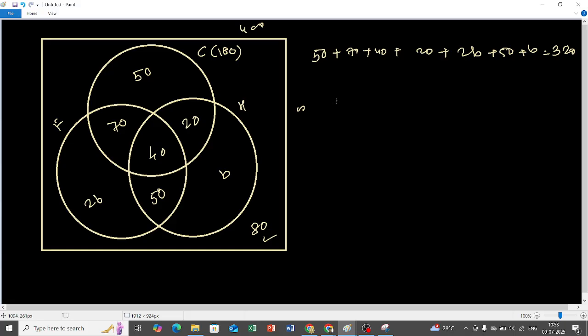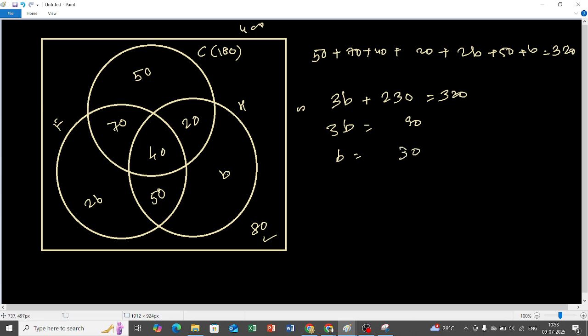Yes, sir. Good. Now from here I'll get 3b plus, then if we add all of them, how much are we going to get? 50 plus 70 is 120, 160, 180, and then 230. So that is 90, and then b is 30.